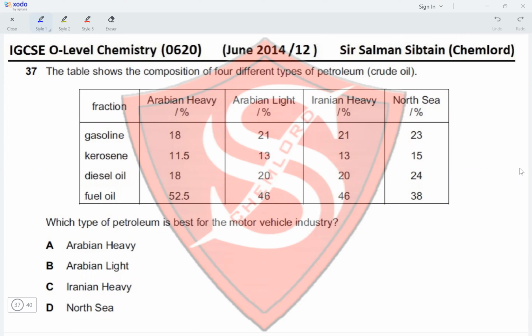So the one with the maximum percentage of gasoline is North Sea, and also the maximum percentage of diesel oil is present in the North Sea variety of petroleum. So the most suitable petroleum is the North Sea variety for the motor vehicle industry, making option D the correct option for this question.